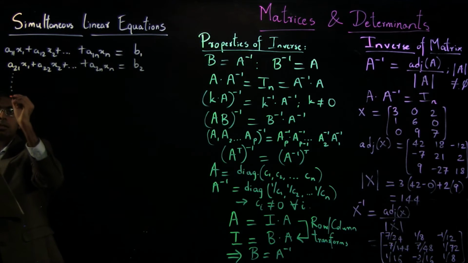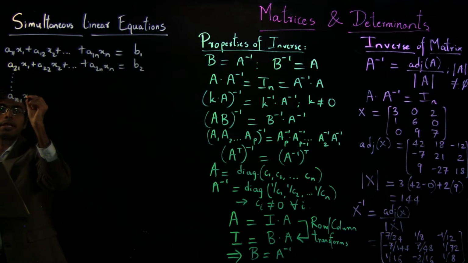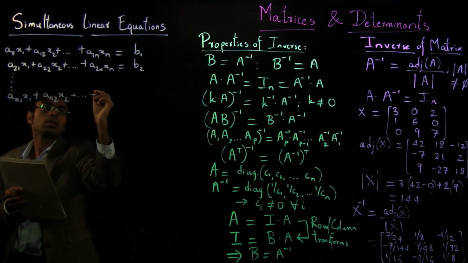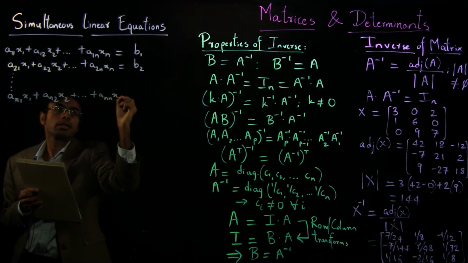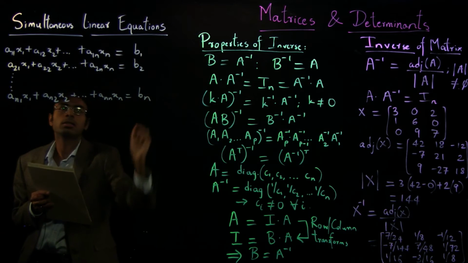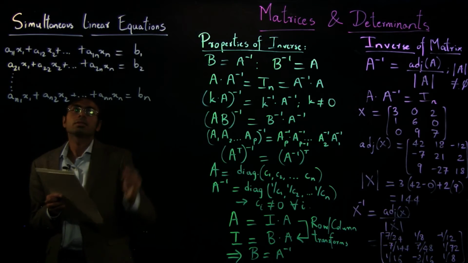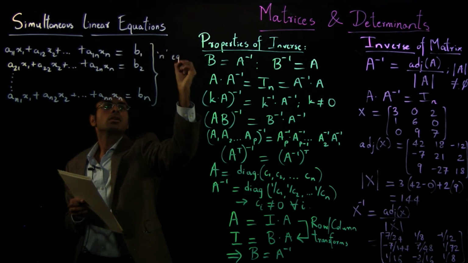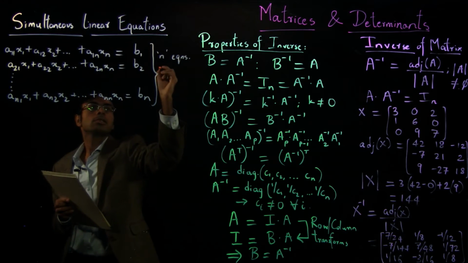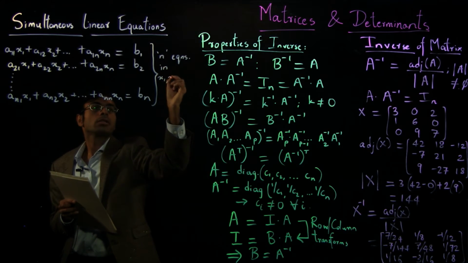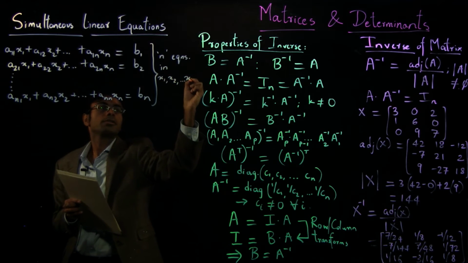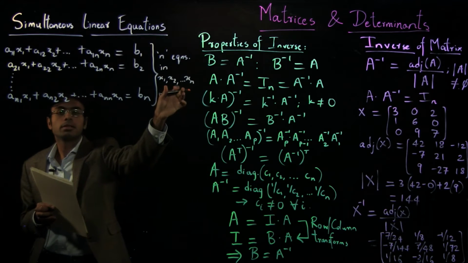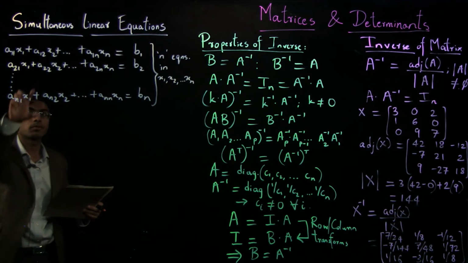And you can keep writing this all the way to an1 times x1 plus an2 times x2 up to ann times xn equals bn. So this is a set of n equations in n variables, x1, x2 all the way to xn. And let's say our job is to find the values of these variables which satisfy this set of equations.